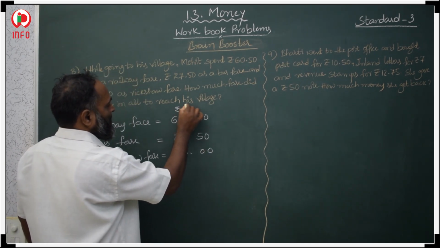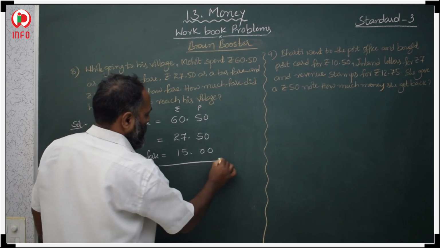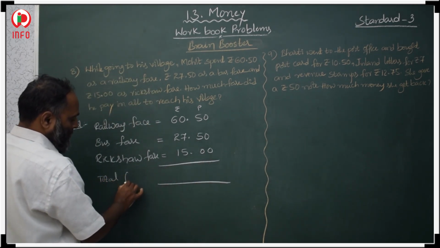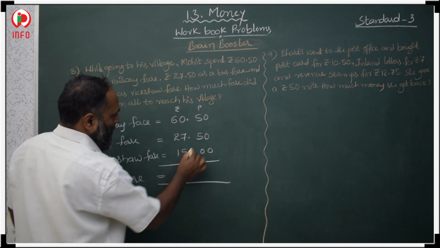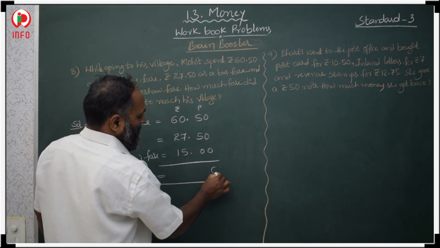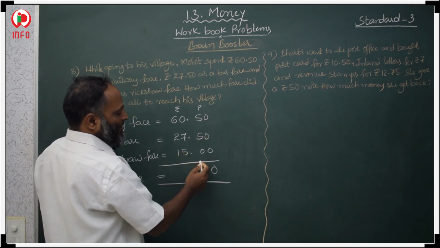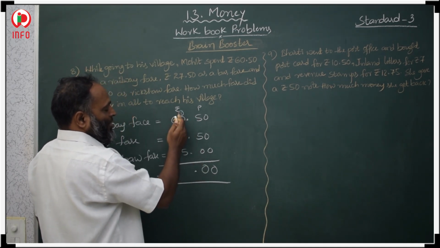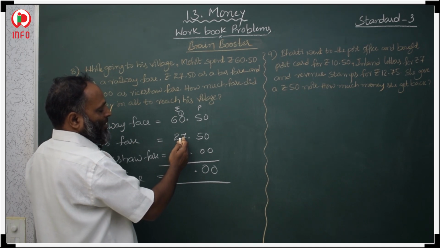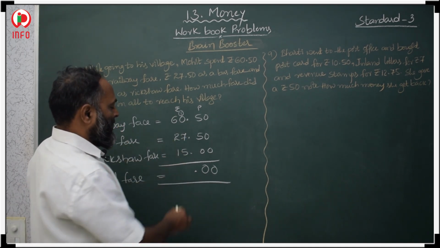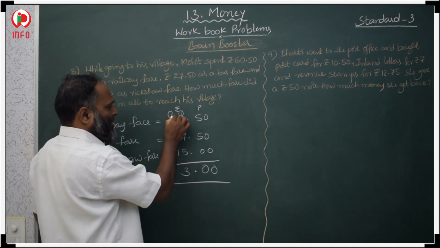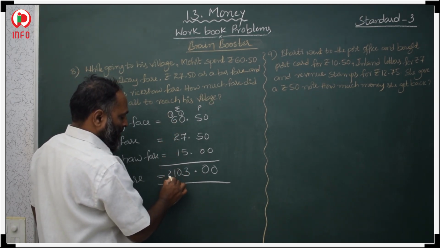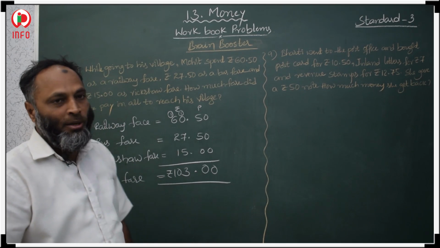This is about rupees, this is paisa. Now add the total fare he paid. 0 plus 0 is 0, 0 plus 0 is 0. 5 plus 5 is 10, 10 plus 0 is 10. 10 means 0 here and 1 here. 0 plus 1 is 1, 1 plus 7 is 8. 8 plus 5 is 13, so 3 here and 1. 6 plus 1 is 7, 8, 9, 10. So he paid 103 rupees as fare.